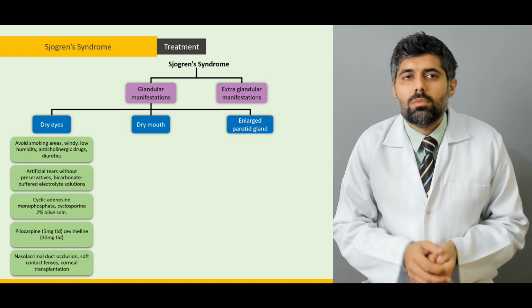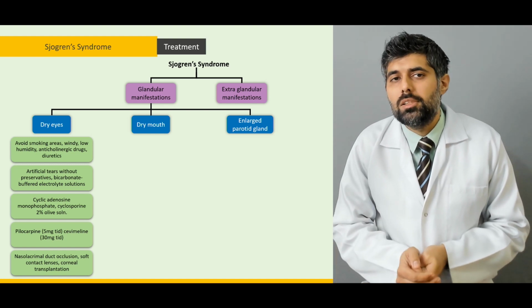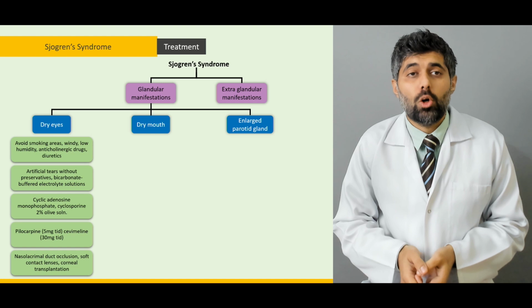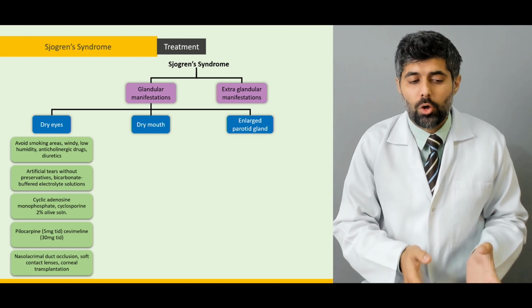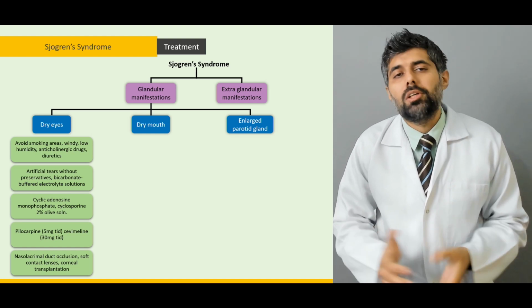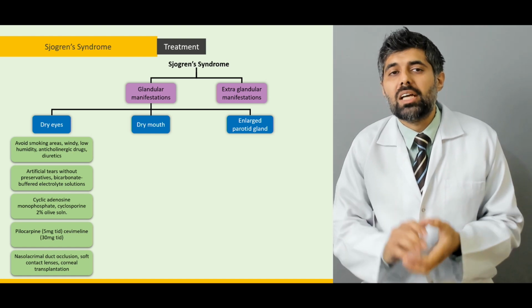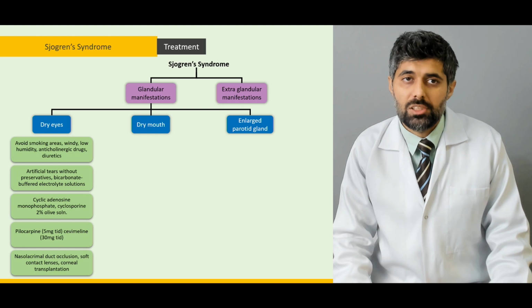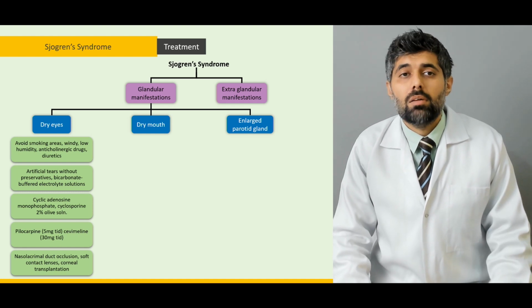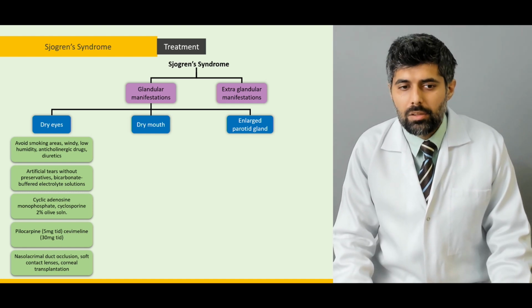Another advice that can be given is the application of soft contact lenses to protect the cornea, and corneal transplantation in case the patient is suffering from extensive corneal ulceration, making him unable to see anything.